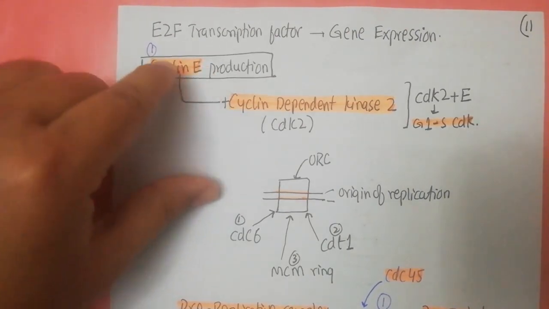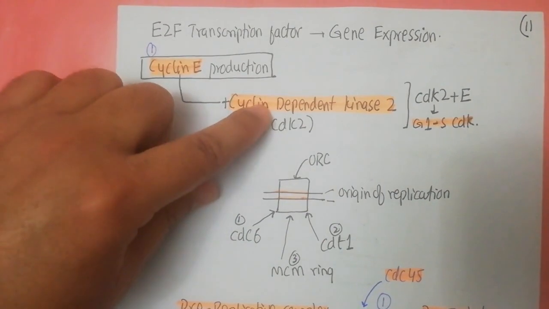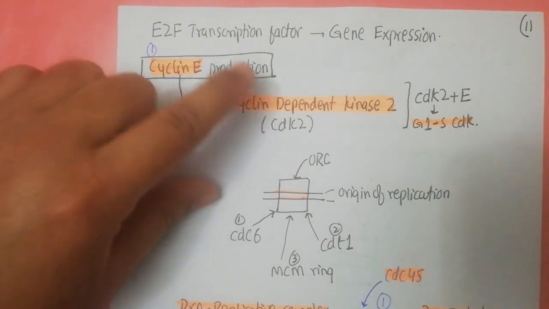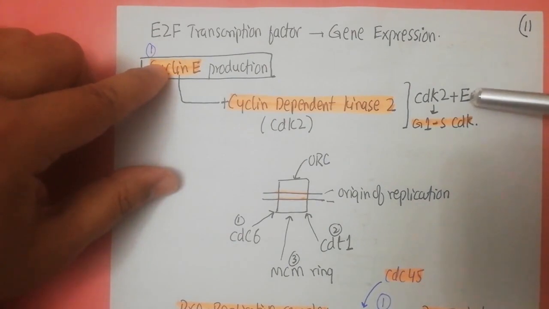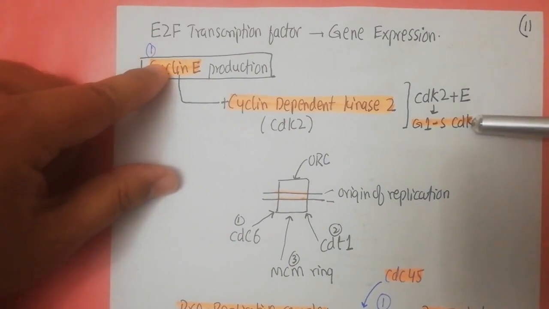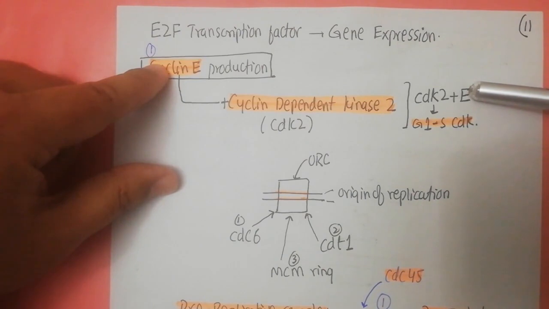Now that means that cyclin E is going to bind to the CDK2. Now if you look at the complex of the CDK2 and cyclin E, this particular complex is known as the G1-S CDK. Now we call this the G1-S CDK because this complex actually helps you in moving from the G1 into the S phase of the cell cycle.